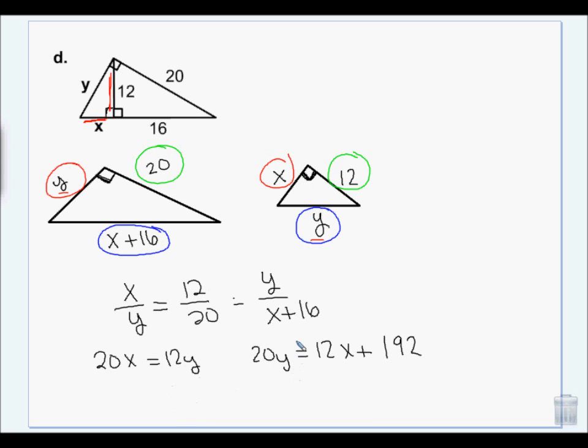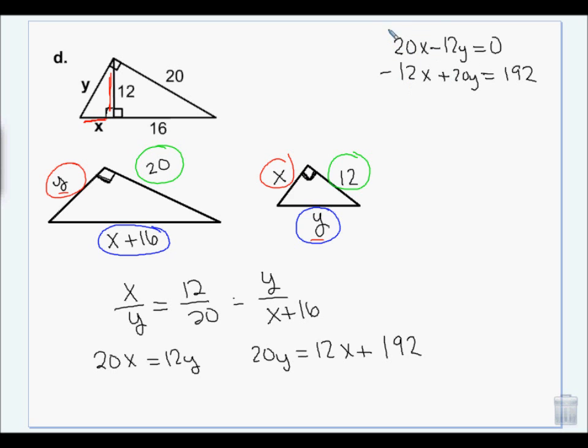Because I have two variables, two unknowns, two equations. So we could do 20x minus 12y equals 0. And then negative 12x plus 20y equals 192. Nope, not solvable.